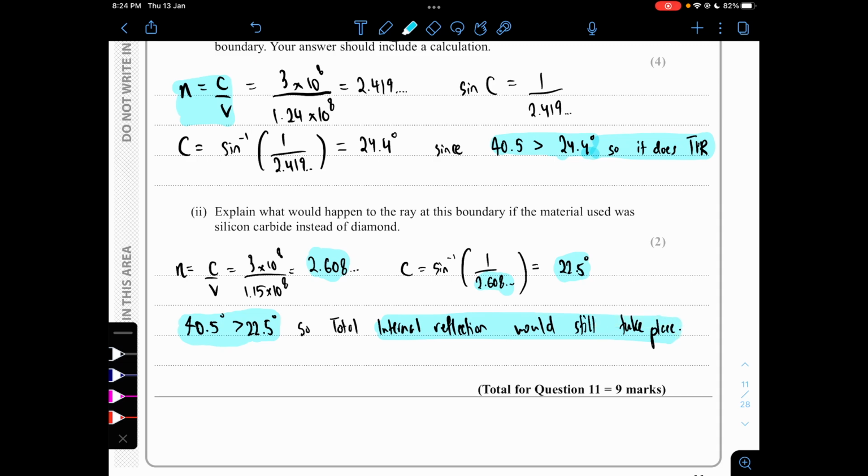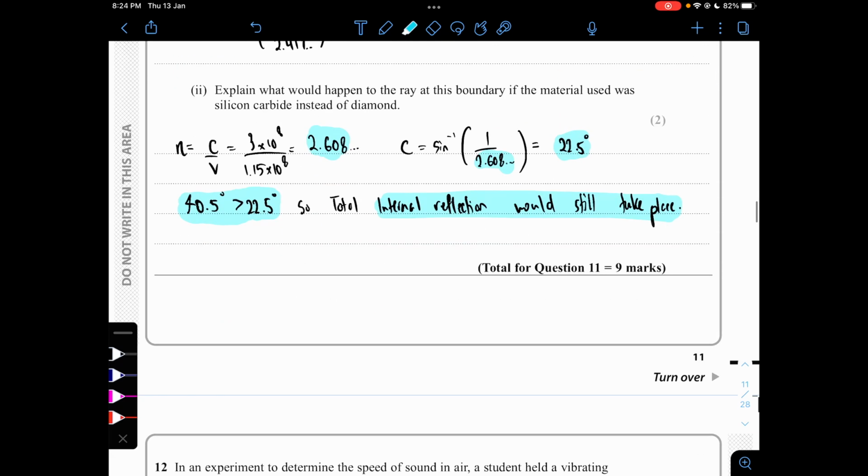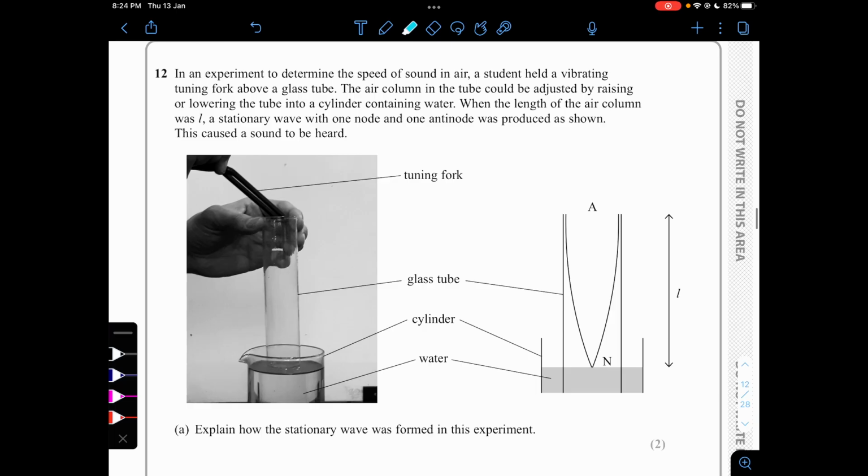Alright, let's move on to question number 12. In an experiment to determine the speed of sound in air, so speed of sound in air is what usually, 330 meters per second. Okay. A student held a vibrating tuning fork above a glass tube.